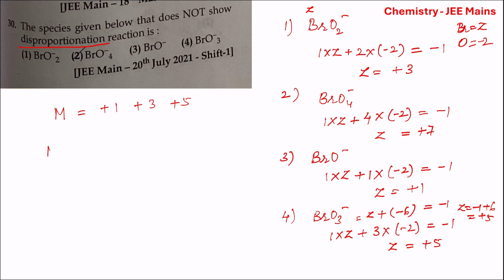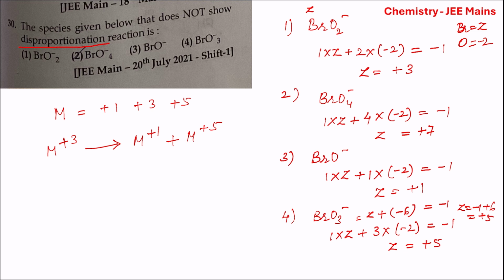When it is in plus 3 oxidation state in any compound, if this plus 3 oxidation state is less stable, it will undergo simultaneous oxidation and reduction. That is, it will change into plus 1 oxidation state when it undergoes reduction, and into plus 5 oxidation state when it undergoes oxidation.